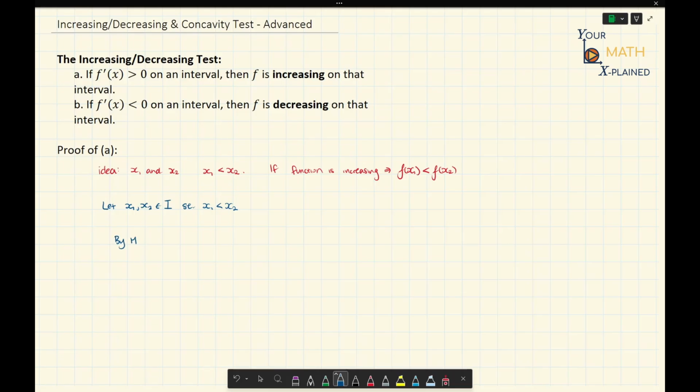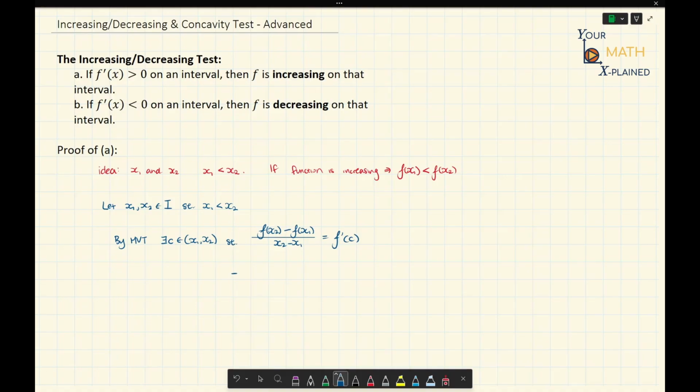Then, by the mean value theorem, there exists a value c that is within the interval x1, x2, such that f of x2 minus f of x1 over x2 minus x1 is equal to f prime of c.